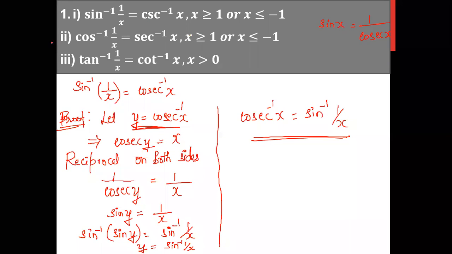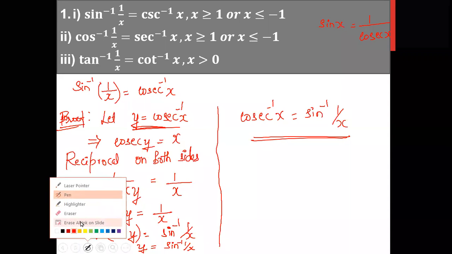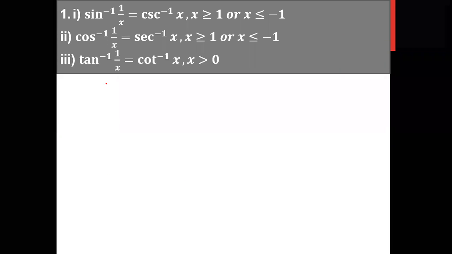Since now you know how to prove the first one, can we go for the second one? You want to try the second one, students? What do I have to start with in the beginning? Let y is equal to, left hand side or right hand side?